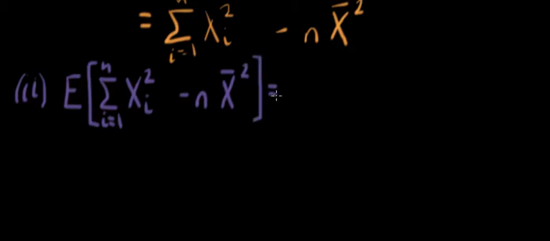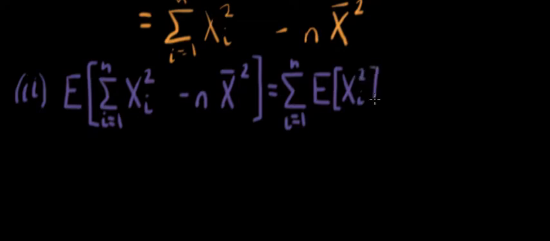Like we do all the time, we will use the linearity of the expectation operator to rewrite this as the sum of the expectations of these squares, subtract n times the expectation of X bar squared.